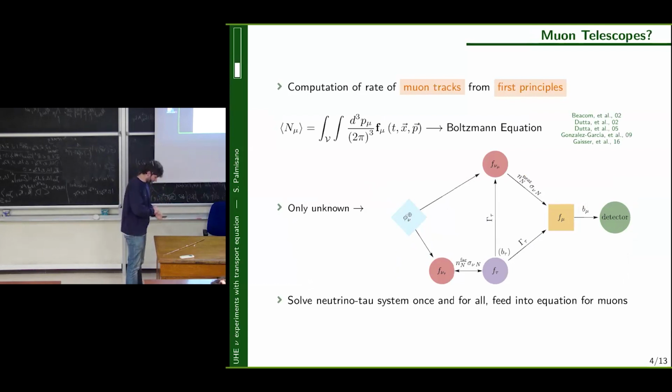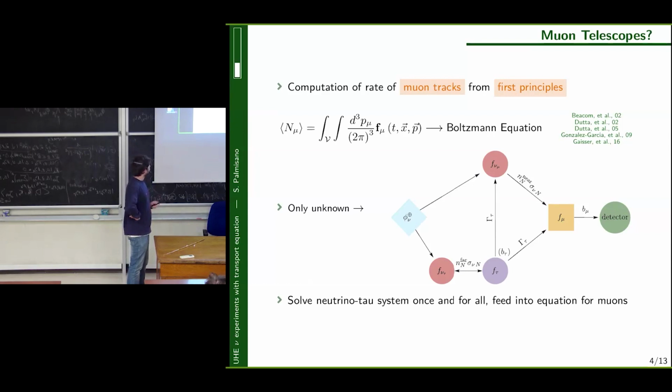And as I said earlier, our aim was to construct a first principle formalism for the computation of the rate of muon tracks inside the detector. In particular, we thought of employing the formalism of transport equations or Boltzmann equations. So defining a phase space density of muons, which evolves according to some transport equations, and thanks to which one can compute a number of observables, including the rate of events.